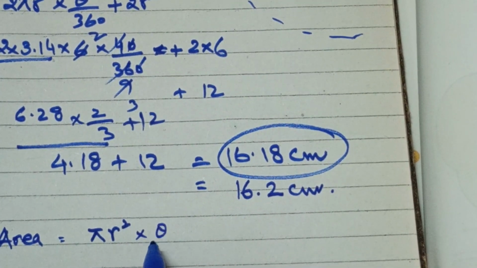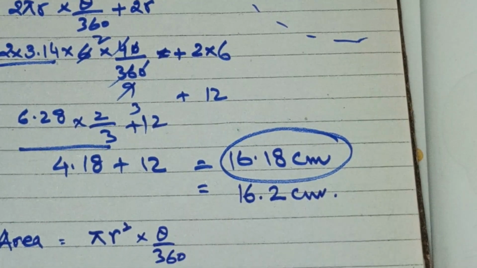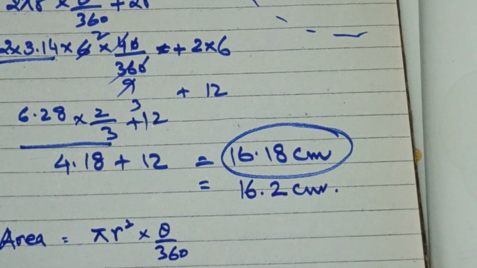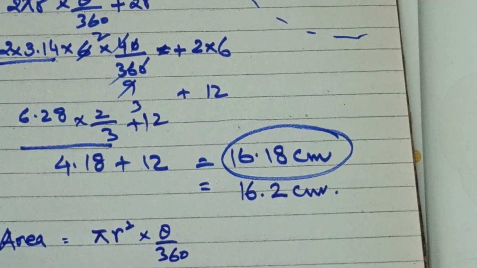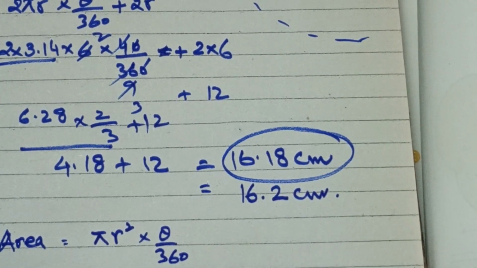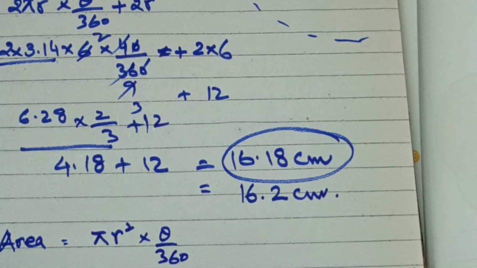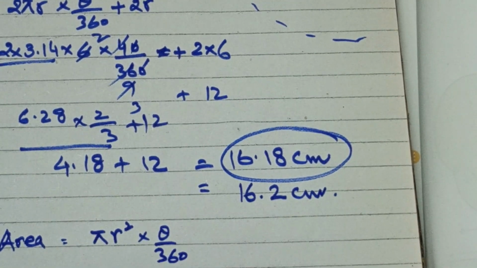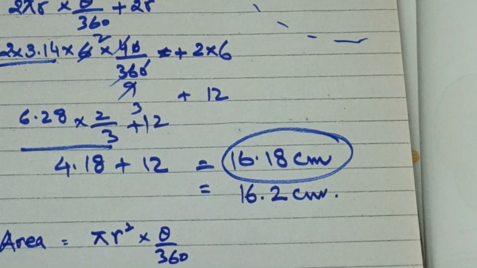So theta upon 360 again will appear over here. Now it will become 3.14 multiplied by, the radius was 6, so we have to do it like this, 6 squared, multiplied by 40 upon 360 again.